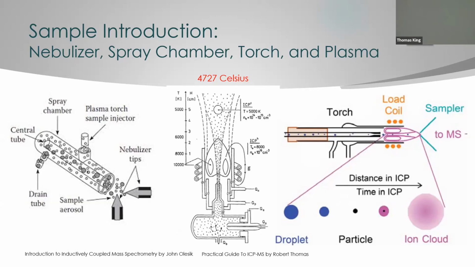It produces a temperature of nearly 5,000 degrees Celsius. Inside the plasma, the elements of interest will lose an electron and become positively charged. And then these ions will pass into the quadrupole. There's also a picture of how the droplets, as they travel through the torch, will shrink in size due to the heat and eventually become an ion cloud.